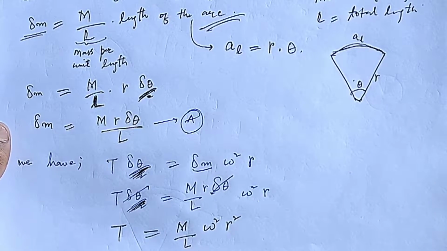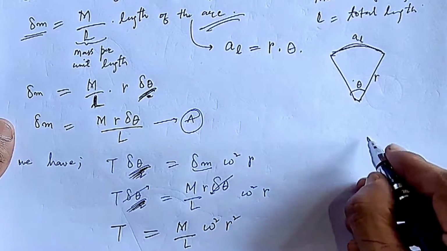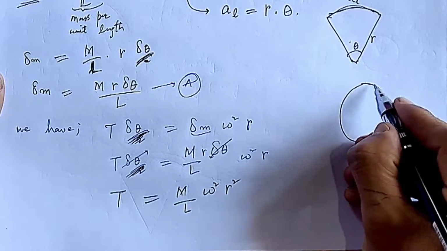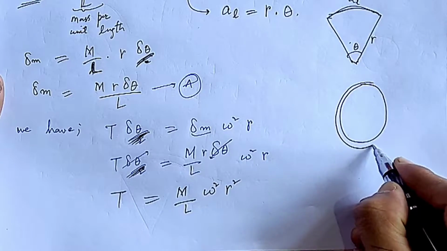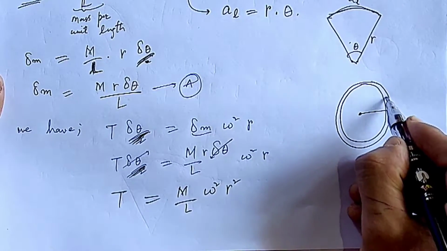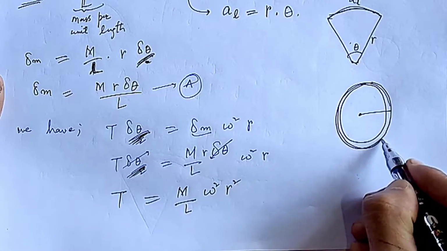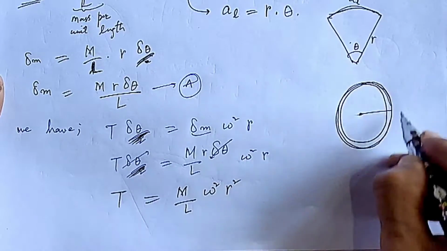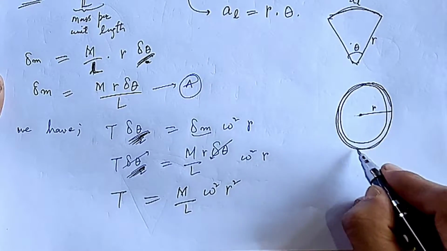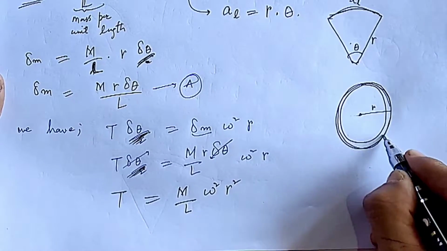And L is the length of the string, and we know this string is over the circular pulley with radius r. So the length of the string will be equal to the circumference of the circular path. This is radius r because it is similar to that of the circumference. Fine.